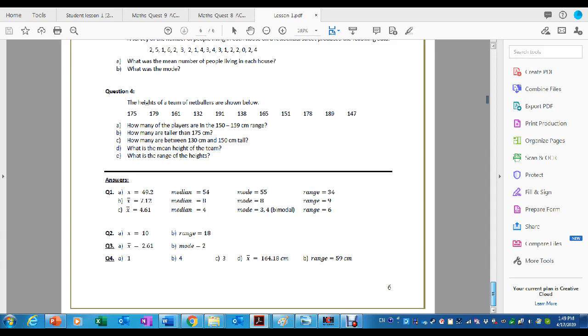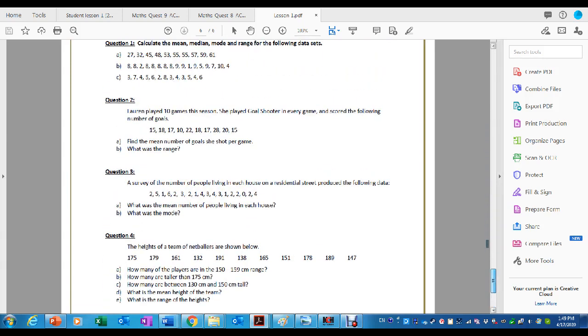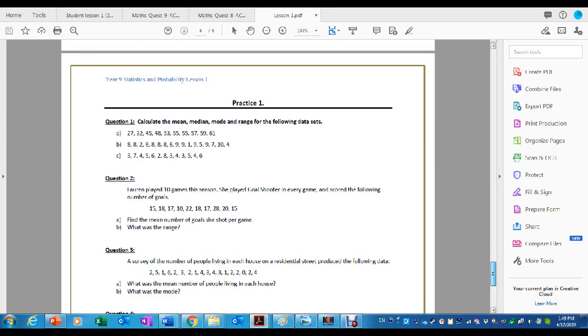You will see there are 4 questions. Please try to do them as your practice. You might need to spend at least half an hour on practice. That's for your understanding. After you finish your practice, please take photos and put those photos into your homework folder in the OneNote.